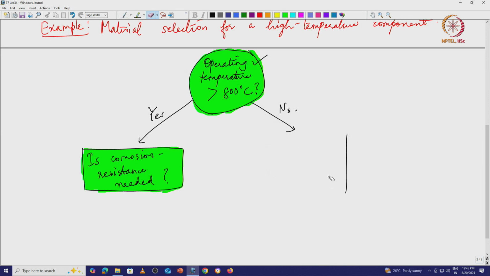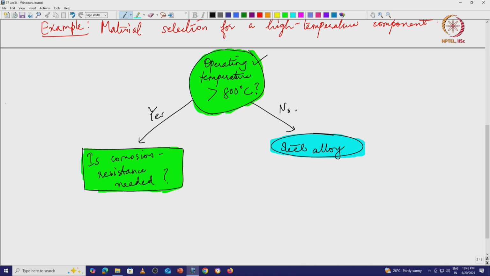You answer no, there is simply a steel alloy here. So this is where you are actually making a prediction. I will put in a different color, which is blue.